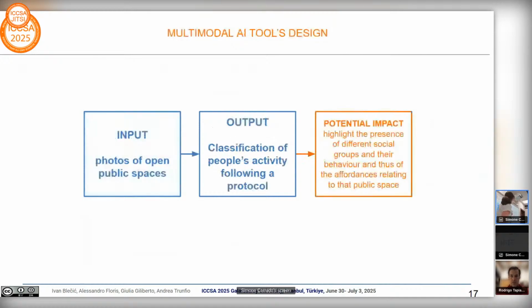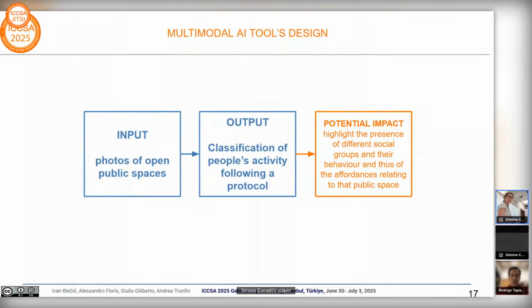Our tool has to analyze photos of open public spaces and classify people's activities following a specific protocol that we have defined. This process can highlight the presence of different social groups and their behavior, and this pattern can be related to the affordances of the public space.